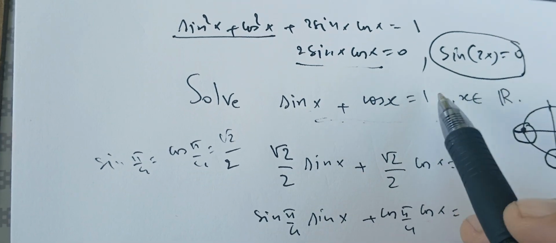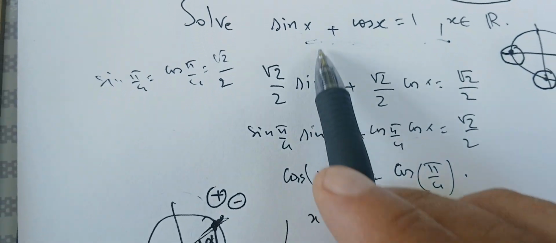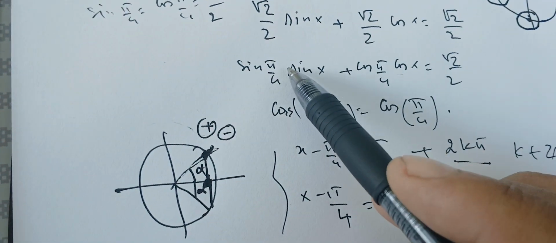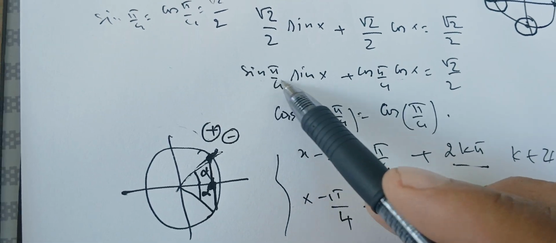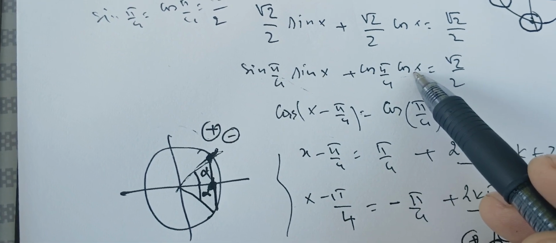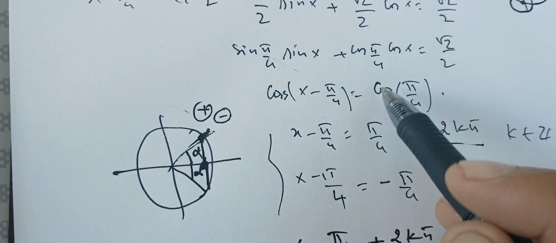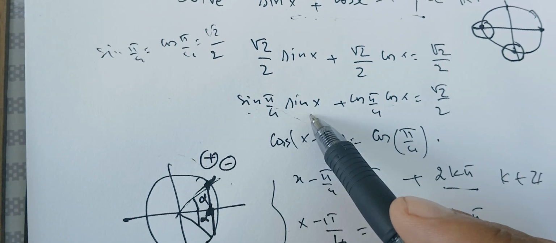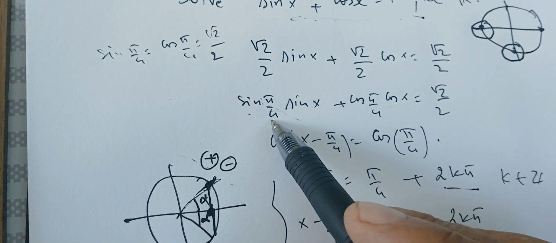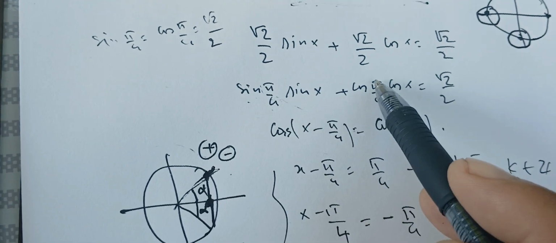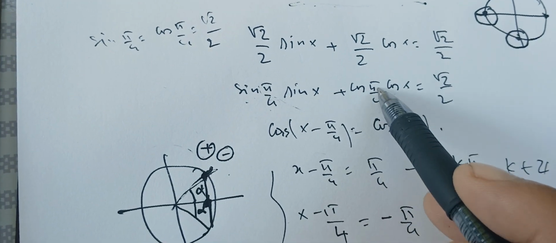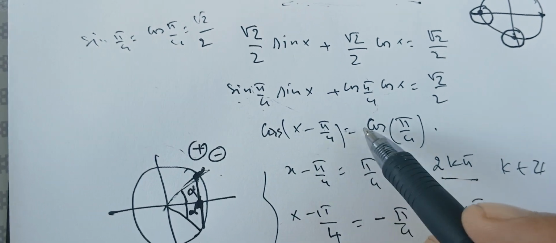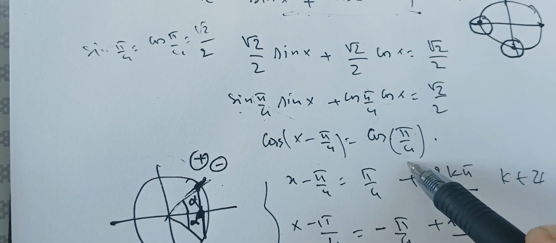So instead of squaring both sides, we can go this way and we find all the solutions. Instead of taking the cosine here, we could have taken the sine as well, and we could have gotten the same solutions. Try it here. Think of this one as the cosine, and this one as the sine, and you will get sine of x plus pi over 4 is equal to sine of pi over 4.